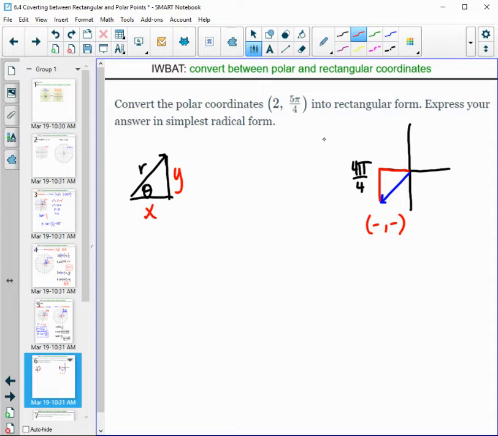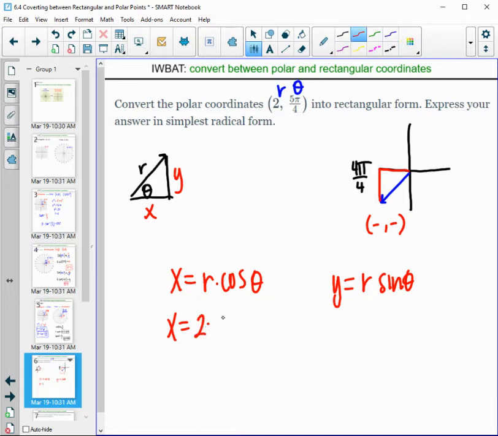So remember, the formula was that x equals r times cosine of theta, and then y equals r times sine of theta. That's it. Remember, this is your polar point, r, theta. So x is equal to 2 times cosine of 5 pi over 4.